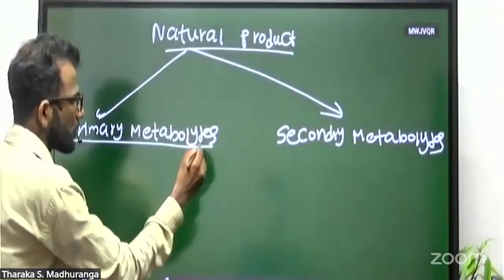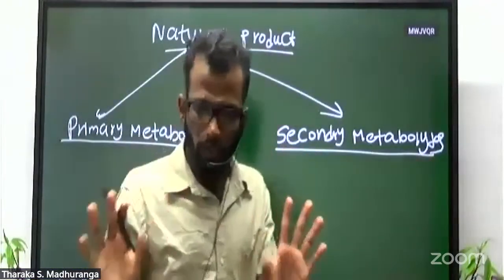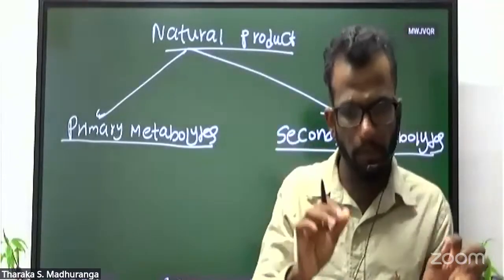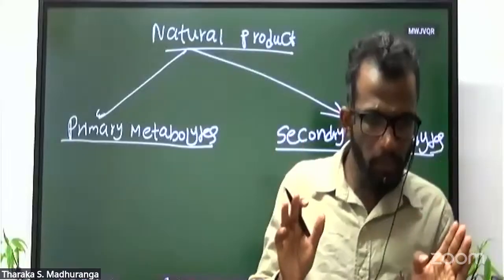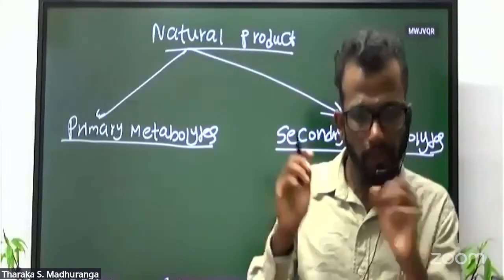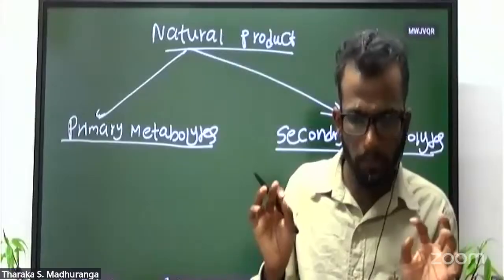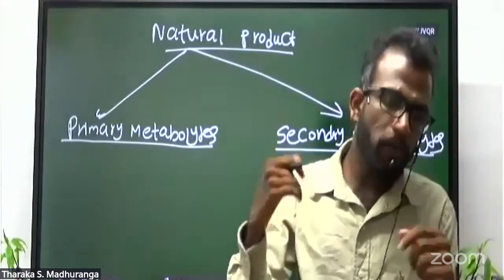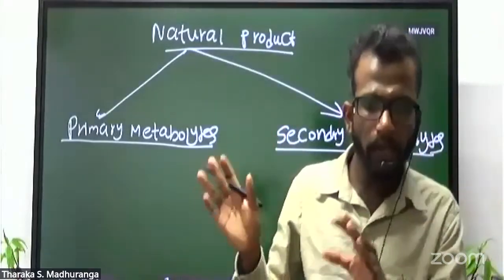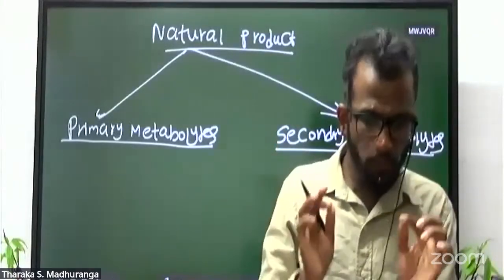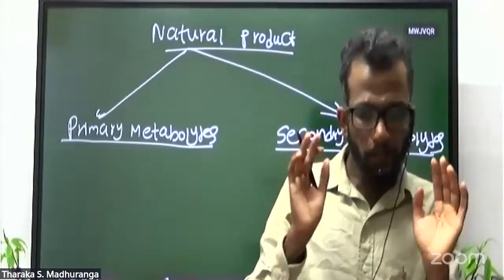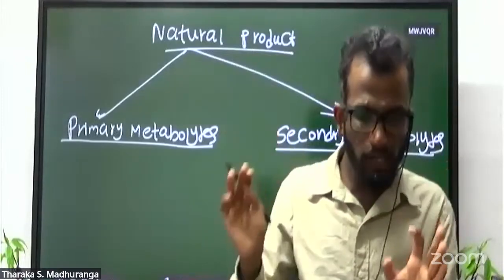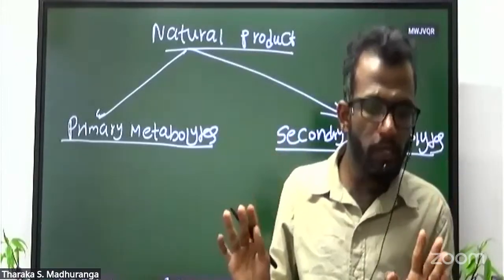Okay, you have to note down the differences between primary metabolites and secondary metabolites. Primary metabolites are produced in the entire life; secondary metabolites only in the mature period. Primary metabolites are produced in large quantity; secondary metabolites only in a very tiny, small quantity. Primary metabolites are directly involved in the life processes; secondary metabolites are not directly involved.